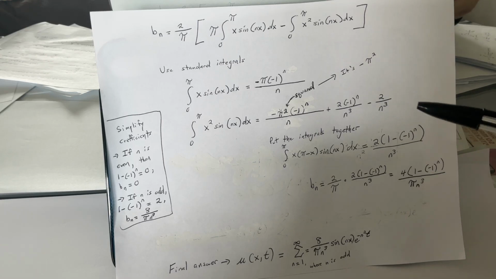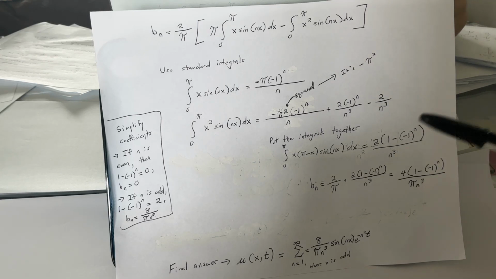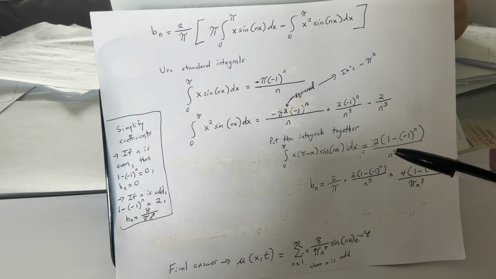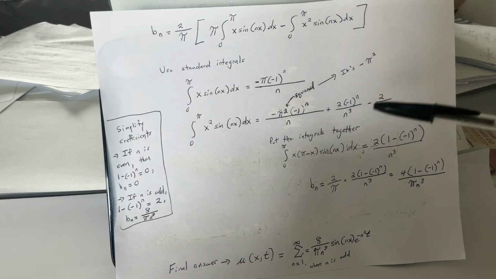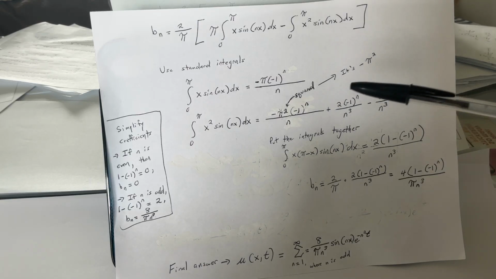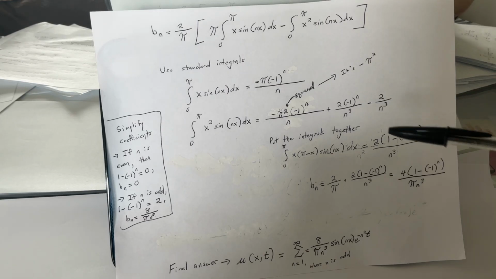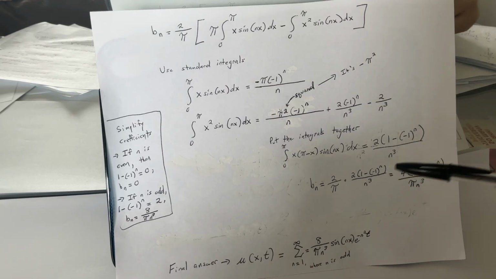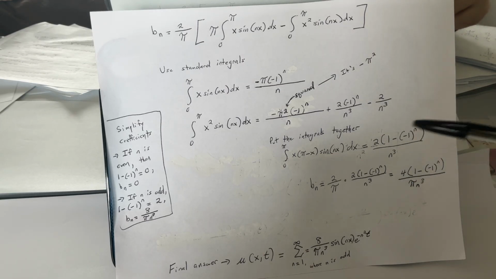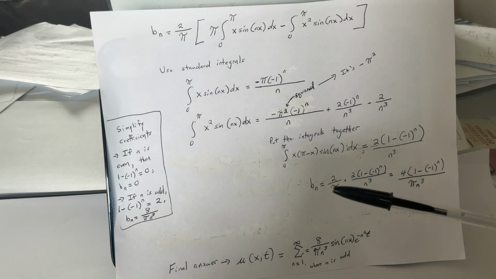Putting these together, we're going to get 2 times the quantity 1 minus negative 1 to the n over n cubed. So that computation wasn't shown. Just do the computation and you arrive at this portion when you put them together.